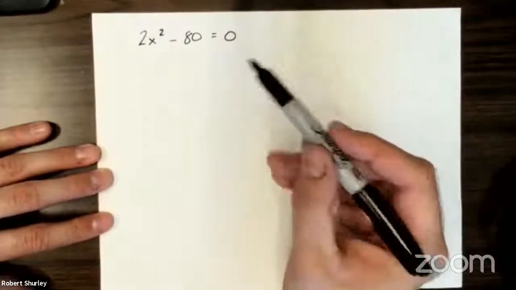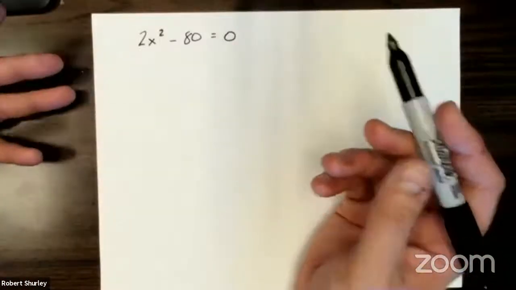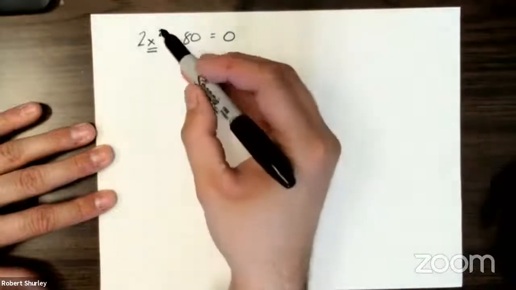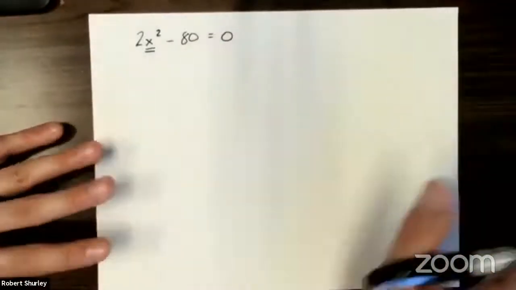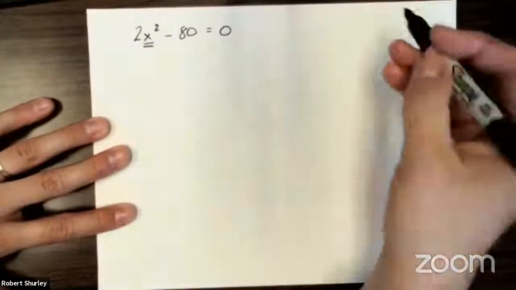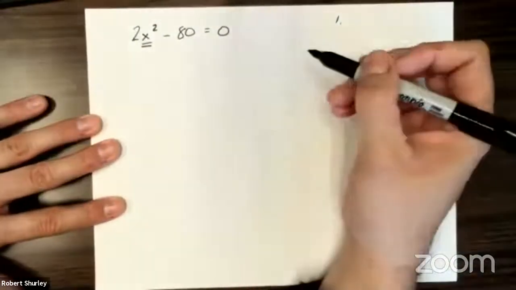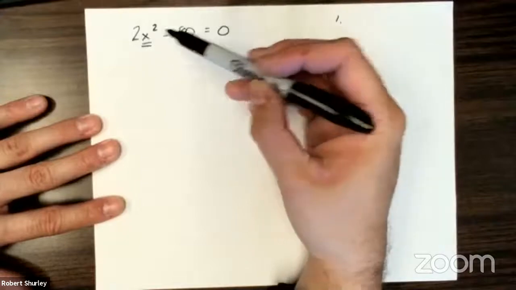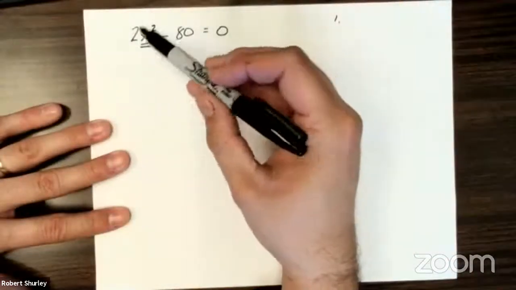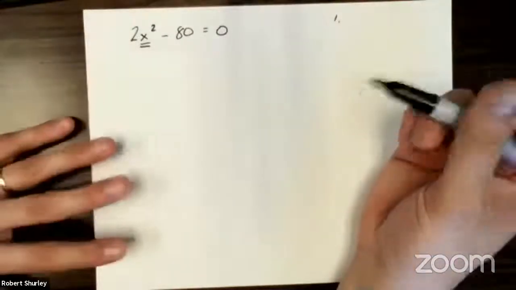So my indicator to use this square root property is that x squared I can get by itself. I can get whatever is squared by itself. So that's my indicator on when to use this property. If there was an x in here, if it was like x squared and then x and then 80, I wouldn't do this property, okay? But since I can get x squared by itself, that's my indicator to do this.